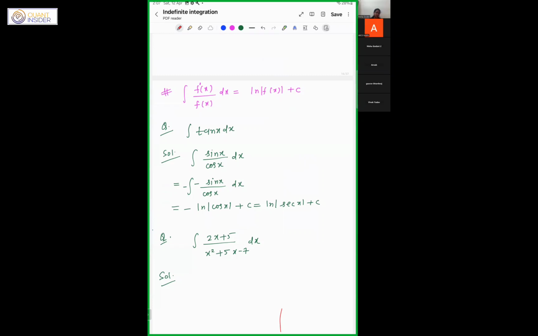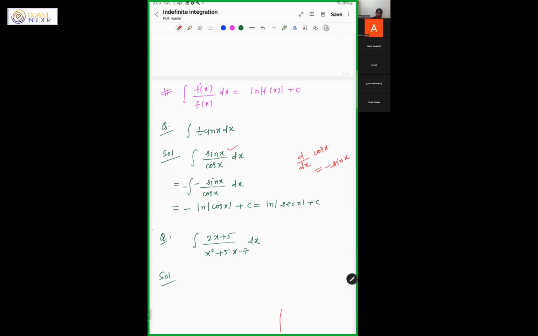You can see in this question, integration of tan x. Tan x is sin x upon cos x. Now you have cos x in the denominator, and differentiation of cos x is what? It is minus sin x. So its differentiation, minus sin x, should be present in the numerator. You can see that sin x is there in the numerator but not minus sin x.